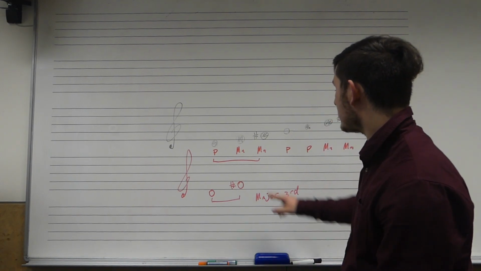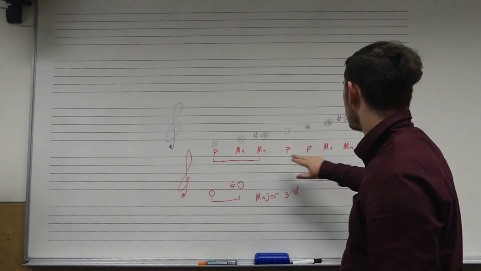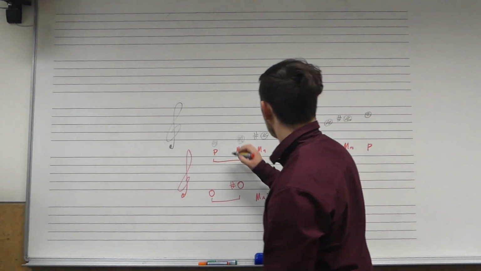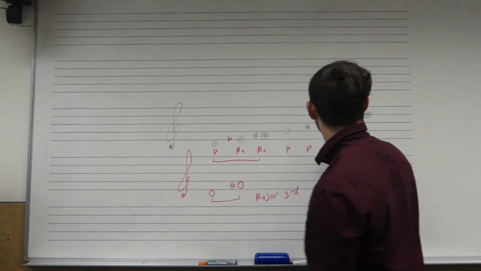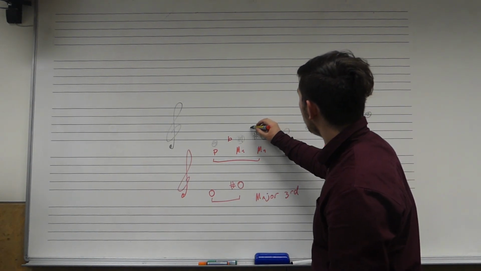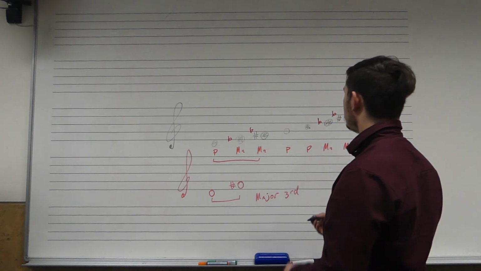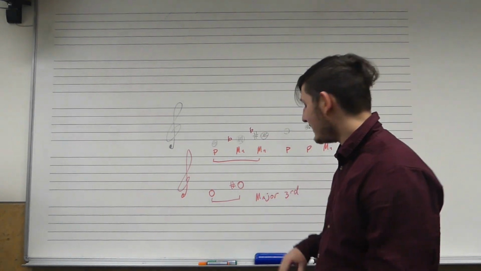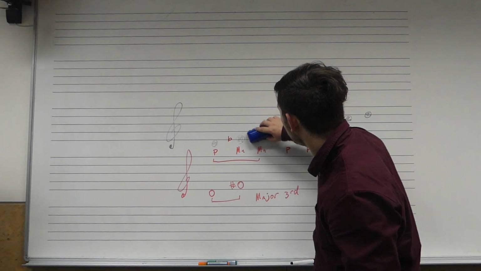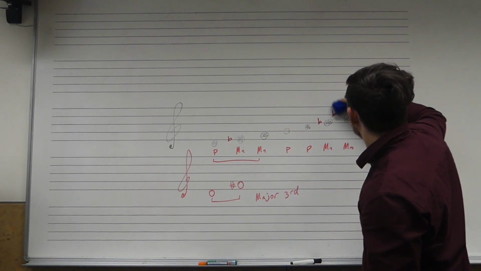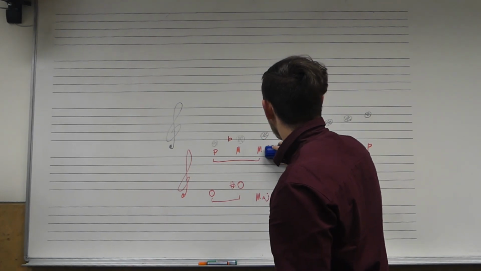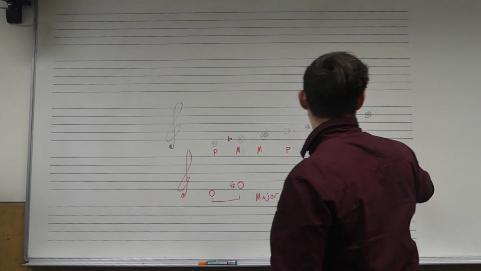But then when we start putting the flats beside all of the major intervals, so we have a flat here, a flat here, a flat here, and a flat here, the flat and the sharp cancel out. So therefore, these are all our minor intervals.